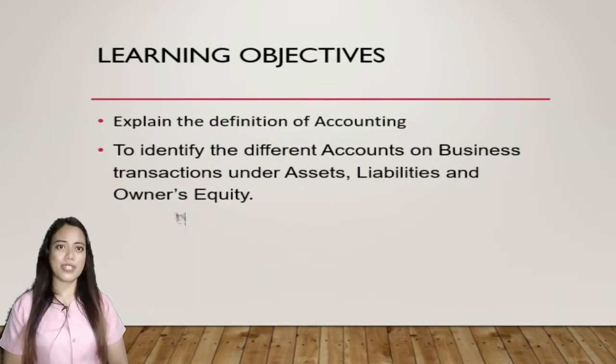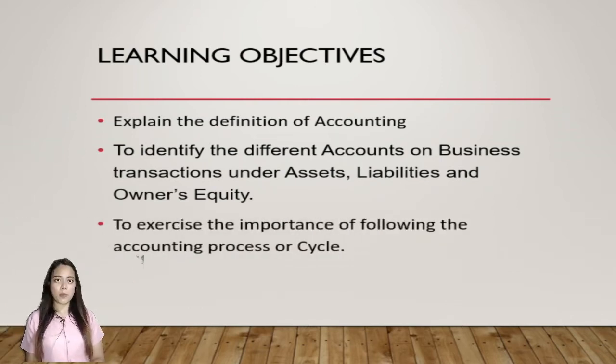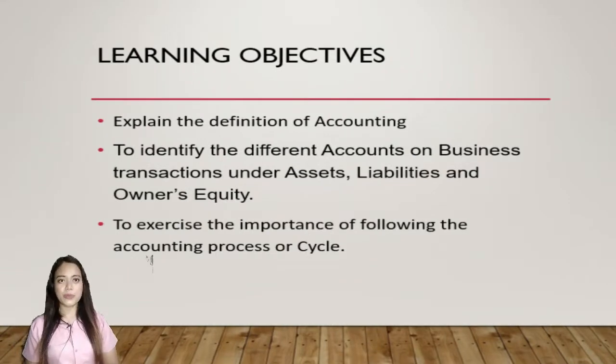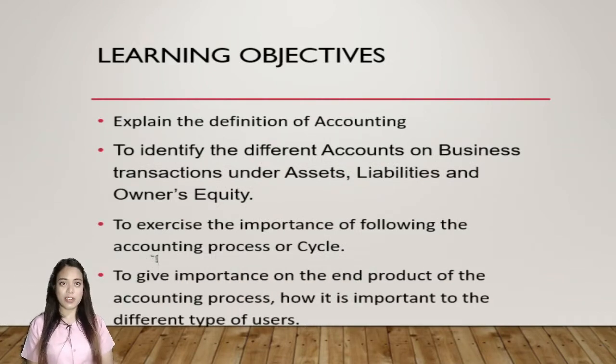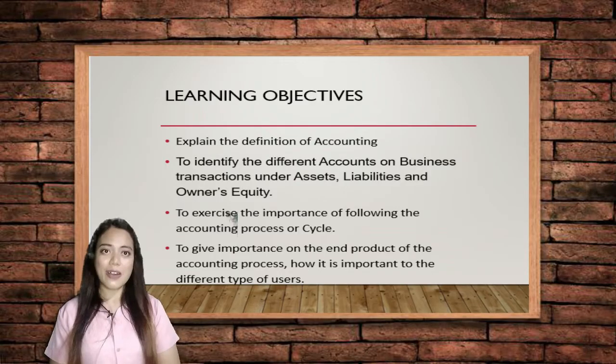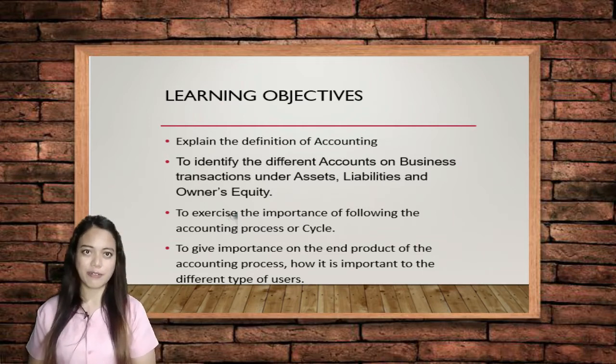The third objective is to exercise the importance of the accounting process or accounting cycle. Then the fourth one is to give importance to the end product of the accounting cycle, which is the financial statements, and how it is important to the different types of users.